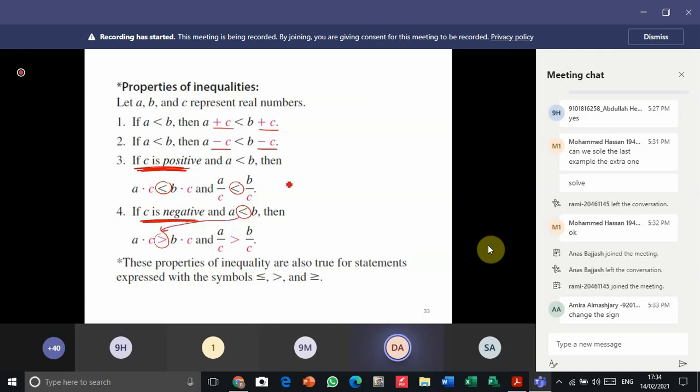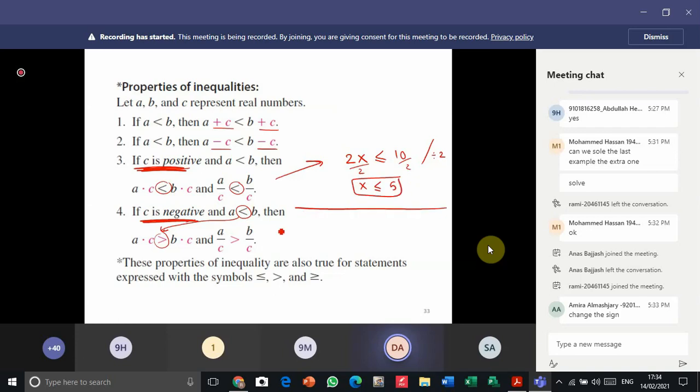For example, about this: 2x less than or equal to 10. So we need to divide by 2. Divide by 2, positive. So we have x less than or equal to 5. Okay?